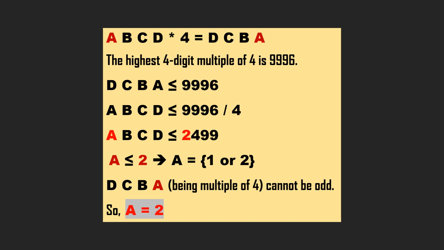That is, ABCD is equal to or less than 2499. Hence, A is equal to or less than 2. So, A is equal to 1 or 2. But DCBA, being a multiple of 4, cannot be odd. Its last digit, A, cannot be 1. So, A is equal to 2.